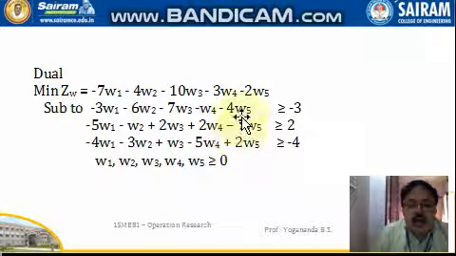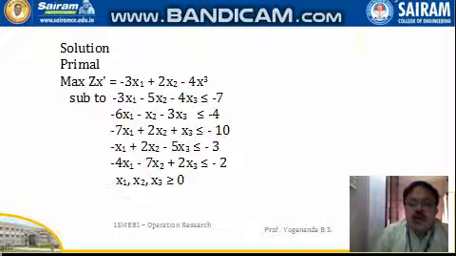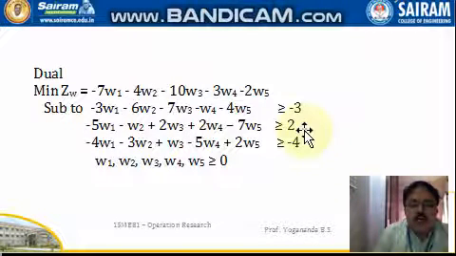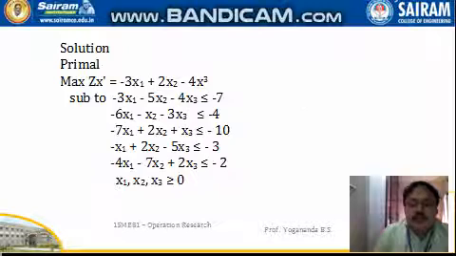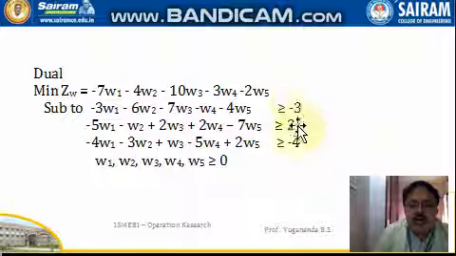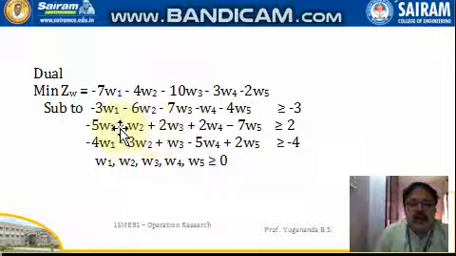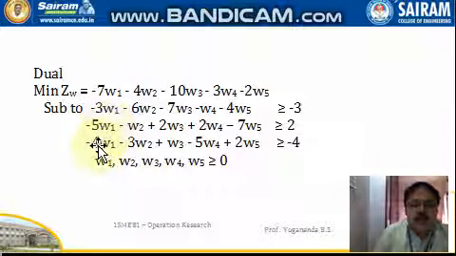We use them here along with the dual variables w1 to w5, and the less than or equal to now becomes greater than or equal to, with the cost coefficients C1, C2, C3, that is minus 3, plus 2 and minus 4. Similarly, we write the second and third constraints with the dual variables w1 to w5 greater than or equal to 0.